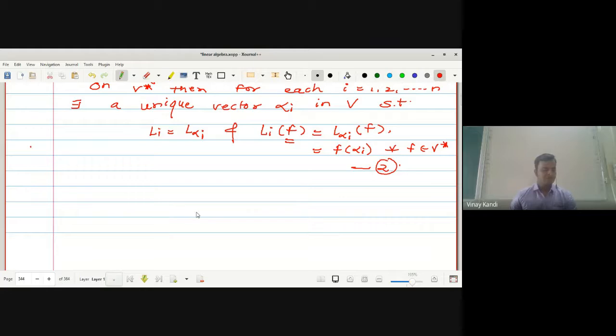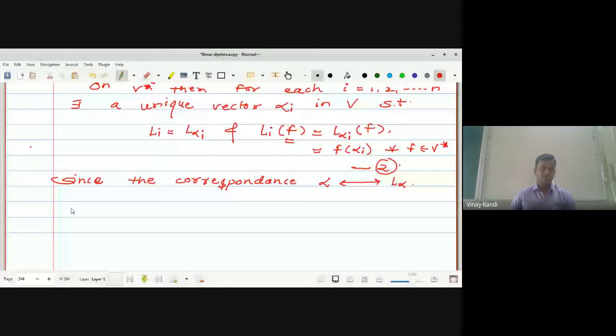Now, since the correspondence from alpha to L alpha is an isomorphism of V onto V double star, we proved this.